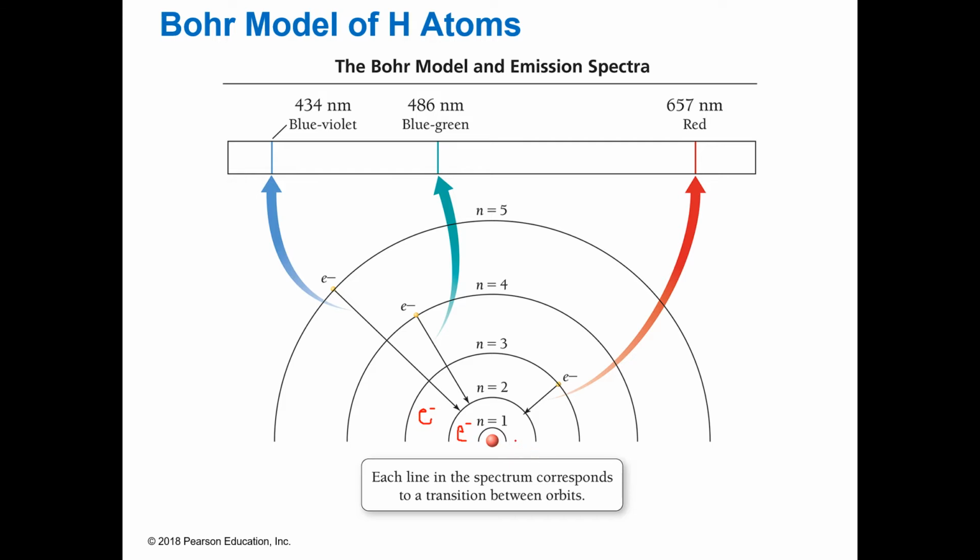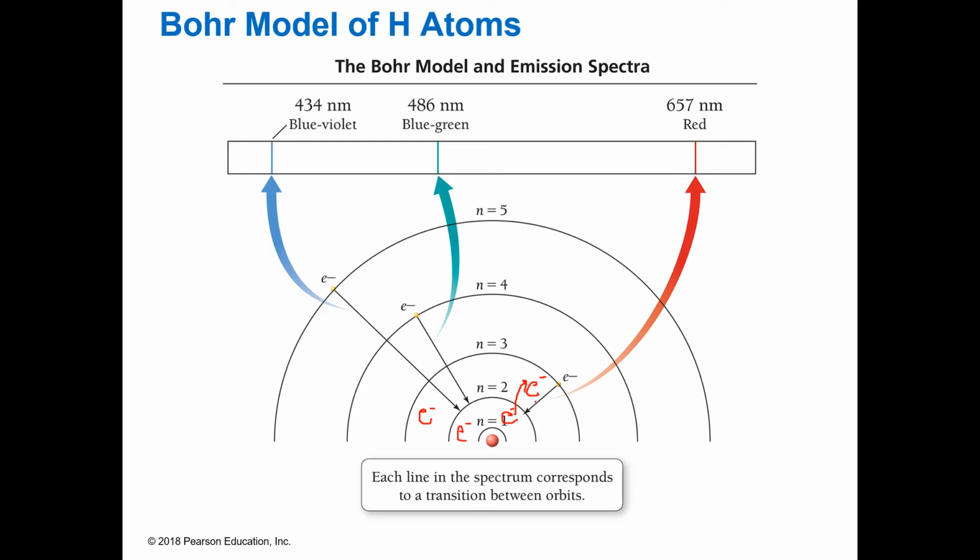Now, if I have another electron here, I can take this electron and put it up into this one. It's going to take energy to do that, right? It's actually going to take continuous energy, because you have to feed it energy for it to go further away from the nucleus.